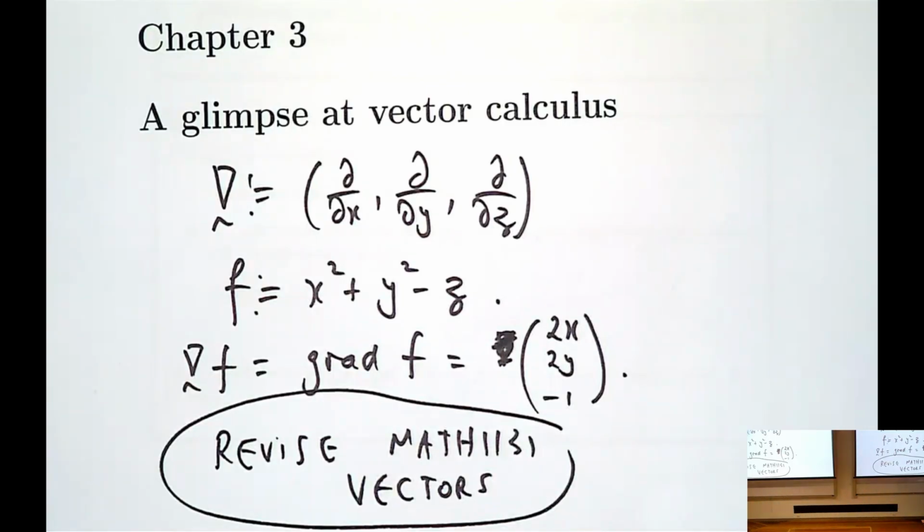Things like the dot product, the cross product, normal vectors, tangent planes, all that sort of stuff. We will draw on that every now and then, so-called vector calculus, okay? So you may need to just remember back to 1131, or you can ask me. Okay, so let's start.